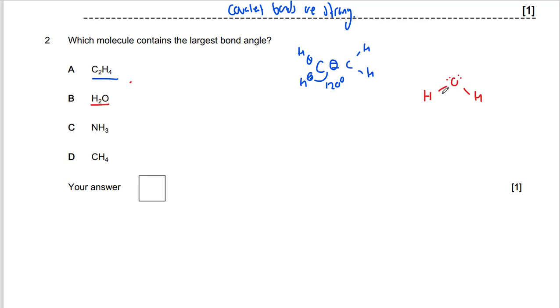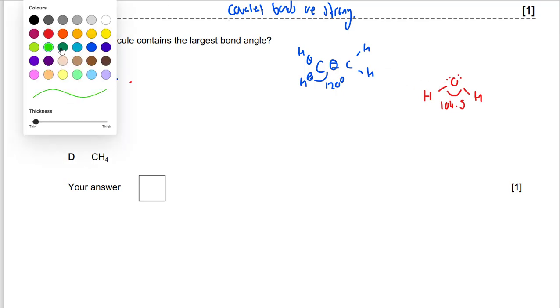So what should be 109.5, you end up subtracting 2.5 and another 2.5. So you end up with a bond angle of 104.5. Okay, this is a non-linear molecule, or bent, depending on how you were taught it. So that's pretty low bond angle, so that's probably not going to be our answer.